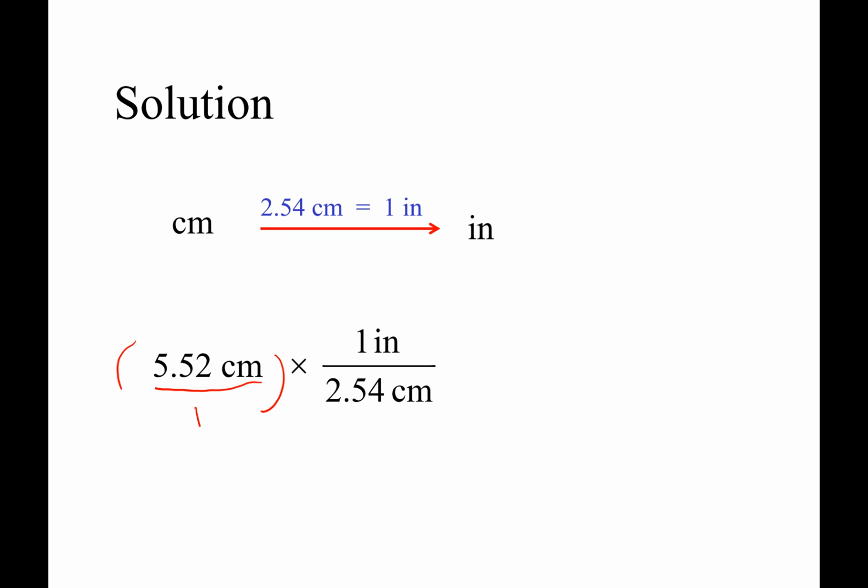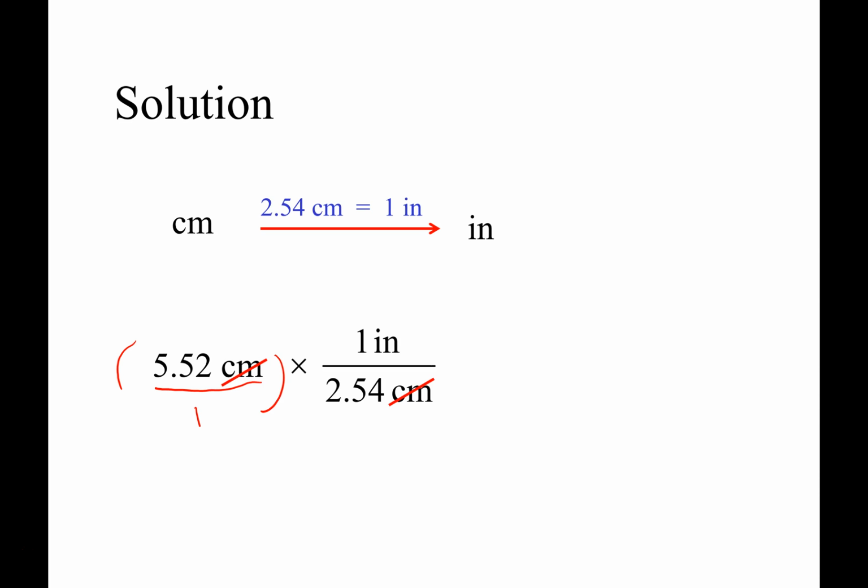Yep, multiply it by 1 inch over 2.54. Perfect. Units of centimeters cancel, we're left with units of inches. That's awesome. The units are great. I just focus on the units and then I go back for the numbers.